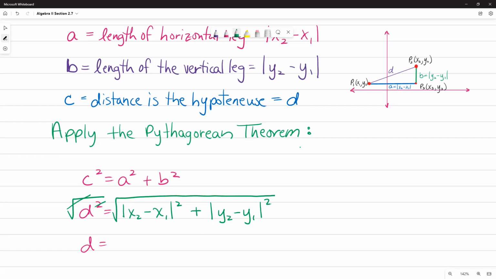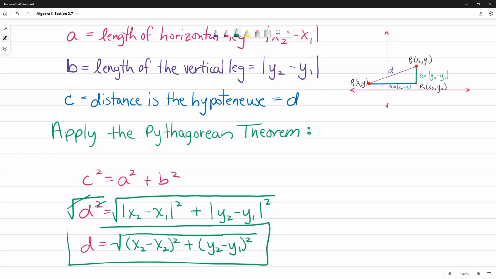And so the distance of a line segment is the square root of the difference in X squared plus the difference in Y squared. And it's okay if you don't entirely understand what just happened. I just need you to make sure that you've got this equation right here.